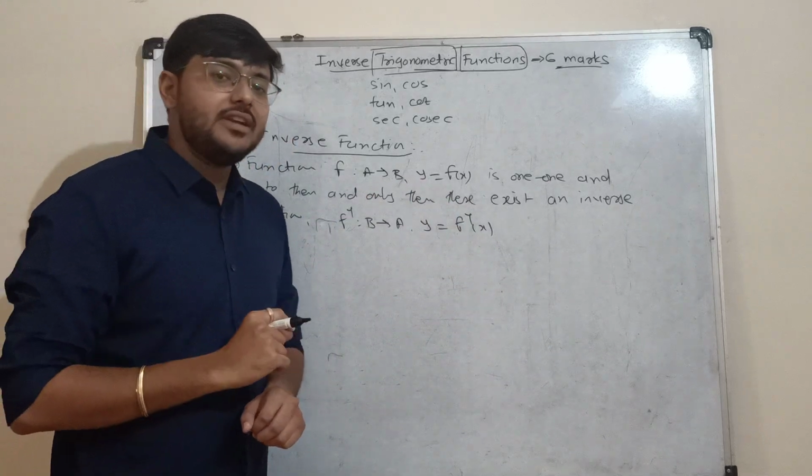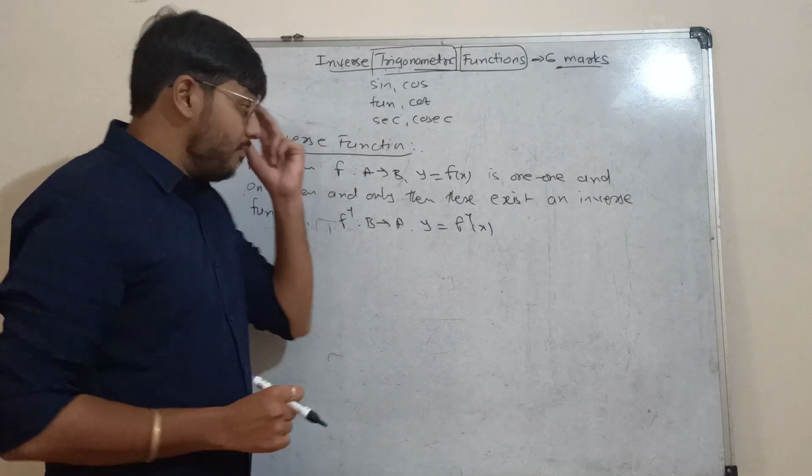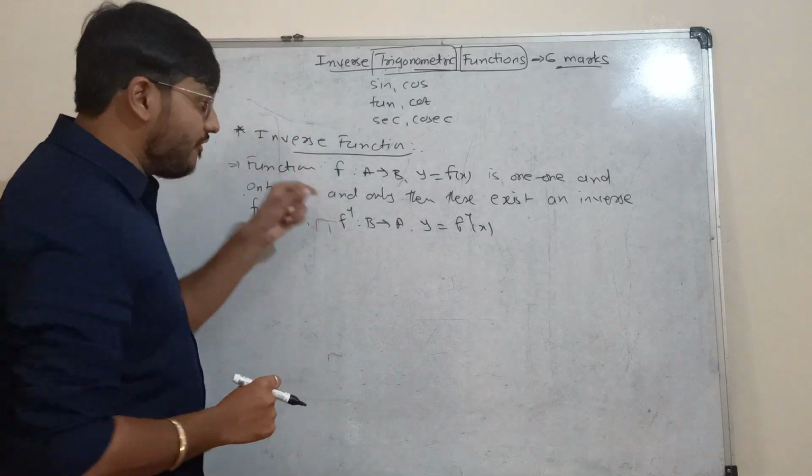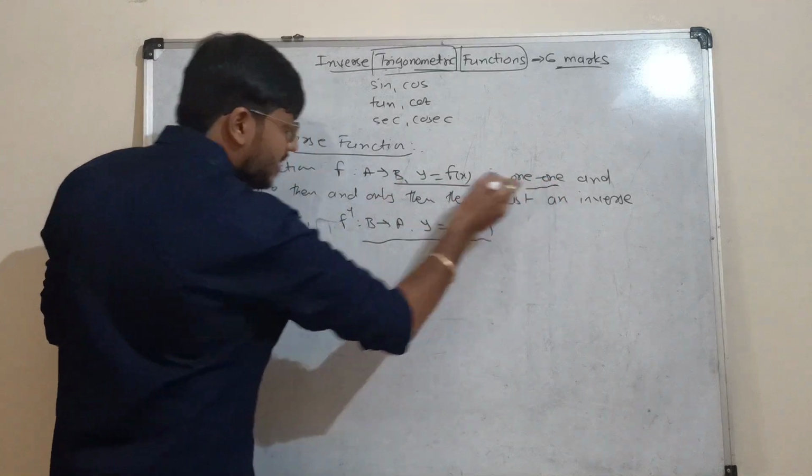Now you understand why we discussed the one-one and onto condition before the starting of this chapter, right? Because in the definition of an inverse, for any function to have an inverse, the function must be one-one and onto.